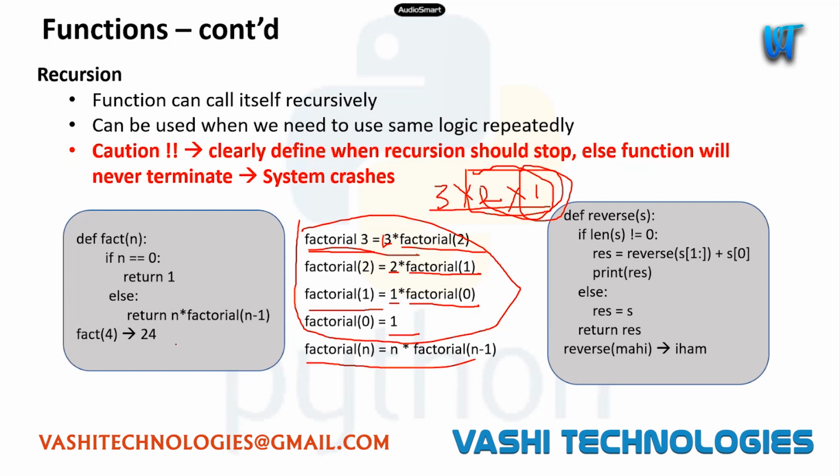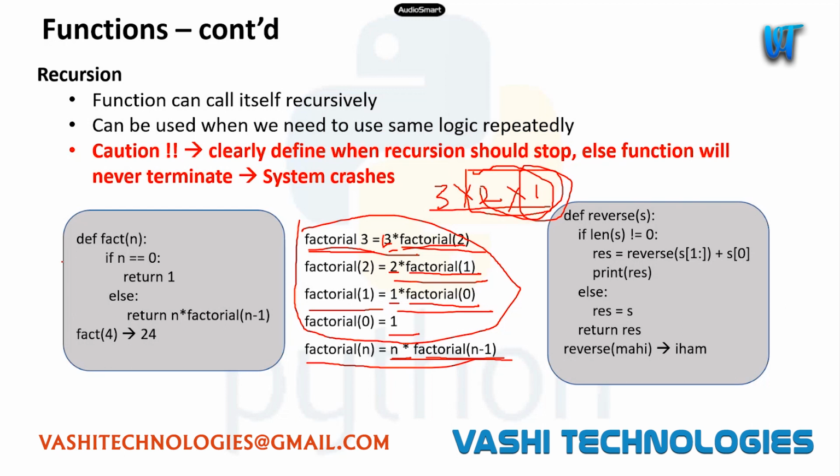So this can be rewritten as n into factorial of n minus 1. Let's say n is 3: 3 into factorial of 3 minus 1, which is 2. You see here 3 into factorial 2, and again 2 into factorial 1, then 1 into factorial of 1 minus 1, which is 0. So at 0 we will stop.